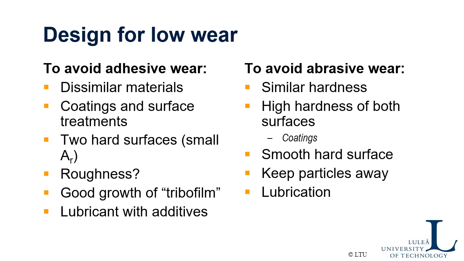You may put coatings on to make the surface layer harder. If you can't keep the same hardness on both surfaces, then you should try to keep the harder surface as smooth as possible. And as I said before, keep particles away. And of course, lubrication is a good way to do it too.